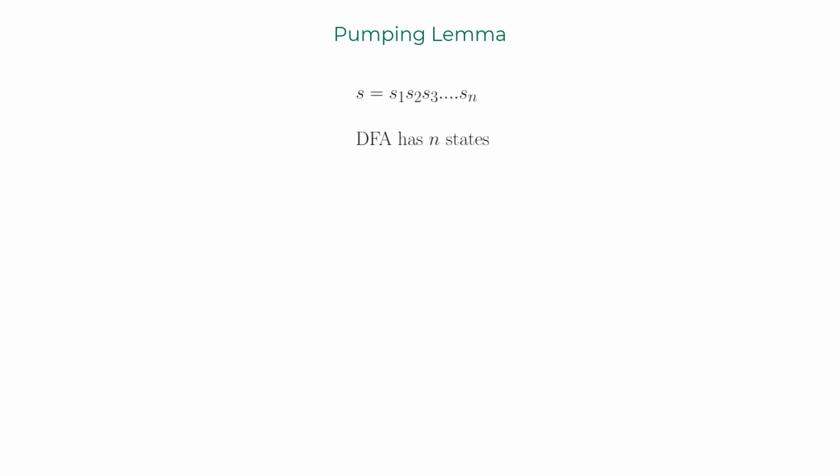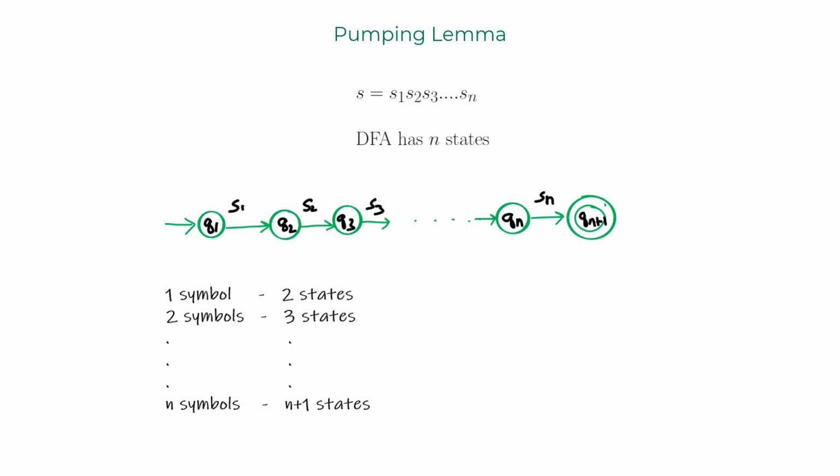Let's say the string S of length n is accepted by a DFA which has n states. We see that the DFA has to traverse two states when the first symbol is read. When the second symbol is read, it would have traversed 3 states. Hence, after reading a string S of length n, it would have traversed n plus 1 states.